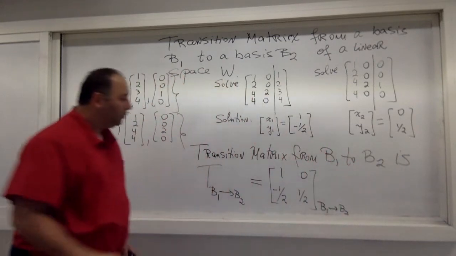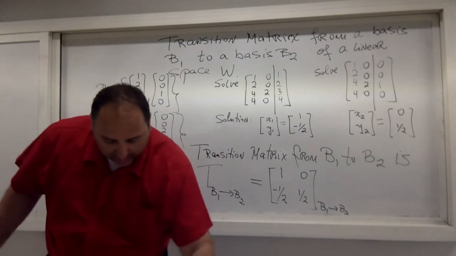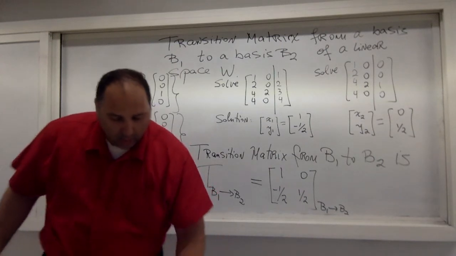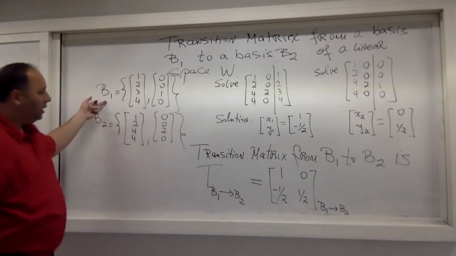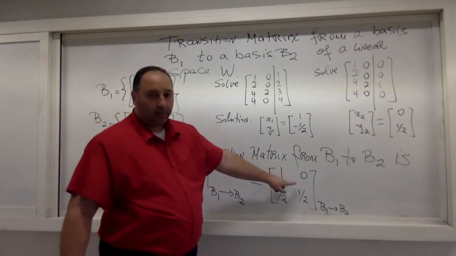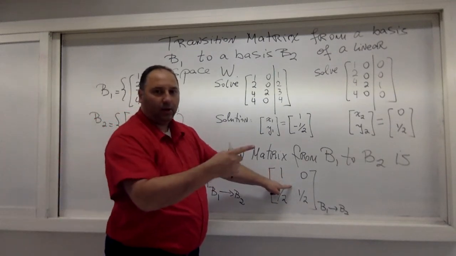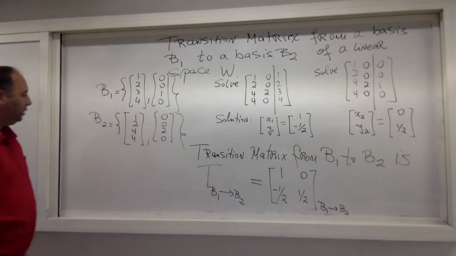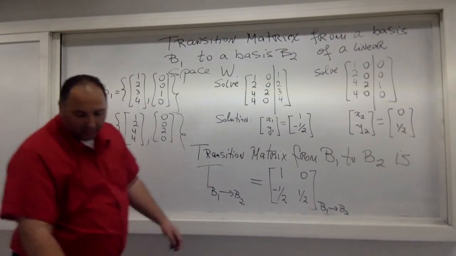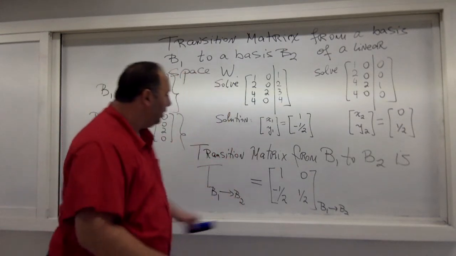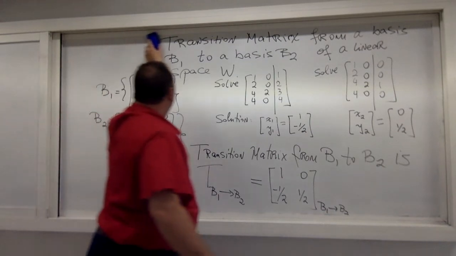Which means now I can give you coordinates of any guy in B1, and all you need to do is multiply it by this matrix, and you'll get coordinates in the basis B2. So how does that work? Well, let's see.